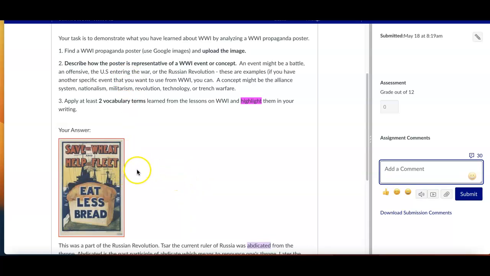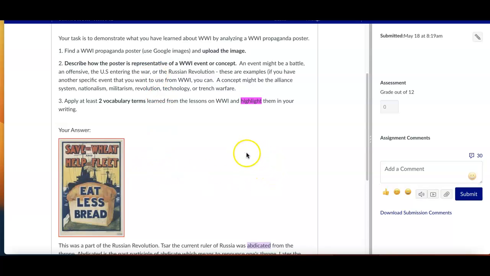It is British in origin, but you could talk about it being representative of the US entering the war, and I'll get to that in just a second. It could simply be that all sides used propaganda, so you could go into a discussion about how this is a propaganda poster used by the British, okay?